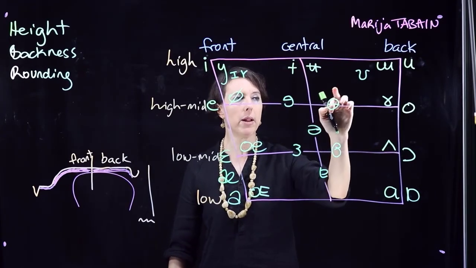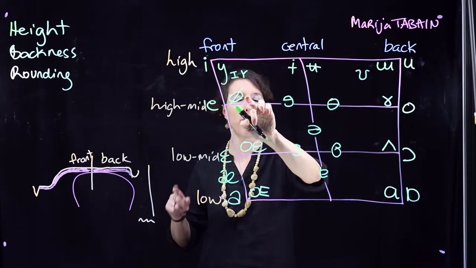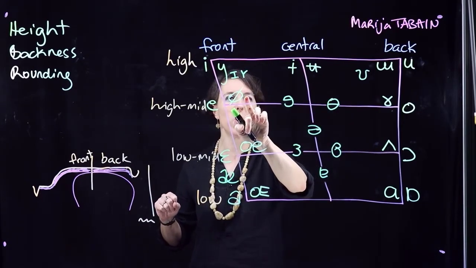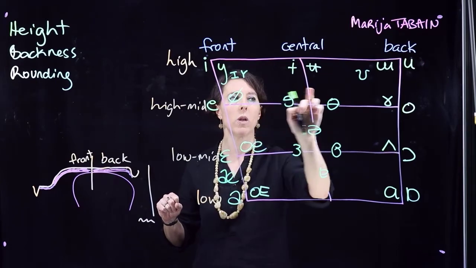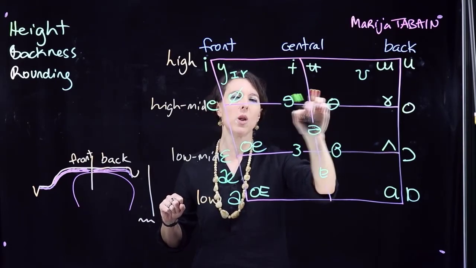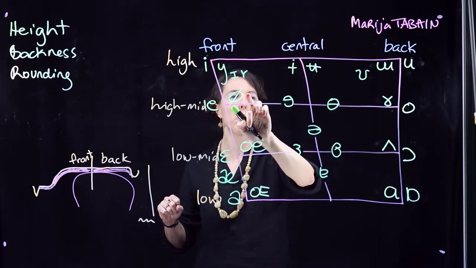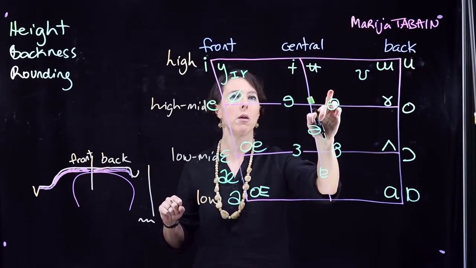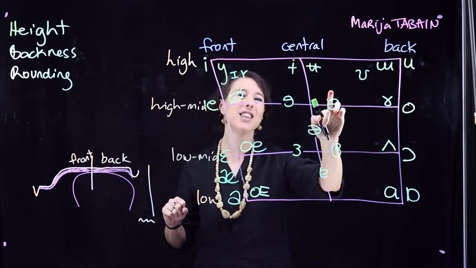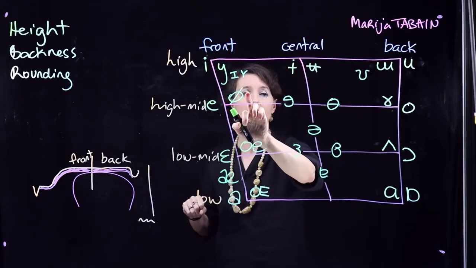You'll probably have trouble hearing the difference between it and a proper front high mid. So I guess it's almost like a lax version, isn't it? Not quite hitting that target there.